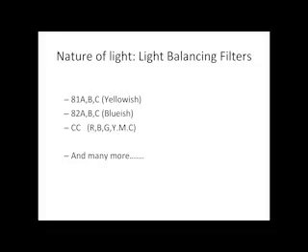There's light balancing filters or even theatrical filters that we can use on our artificial lights or our camera. There's an 81 series that's yellow, an 82 series that's blue. There's CC filters that are red, green, and blue, yellow, magenta, and cyan. And there's 100 different reds and 100 different blues and 100 different yellows and 100 different oranges. And that's to put over the light source to change the color a little bit, to make it kind of an interesting photograph.